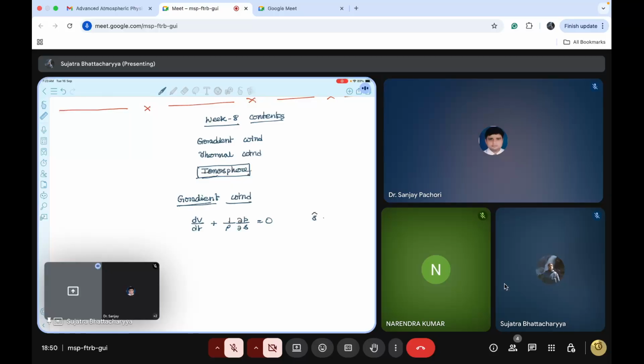S hat is the unit vector in the direction of motion, and n hat is the normal direction, the leftward normal to the direction of motion. We have already seen the natural coordinate equation, so the n hat equation becomes like this.